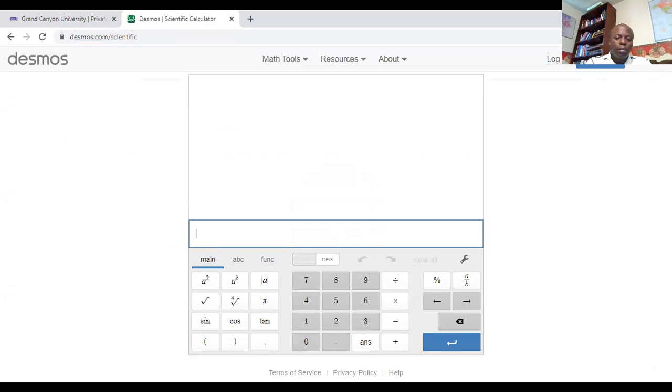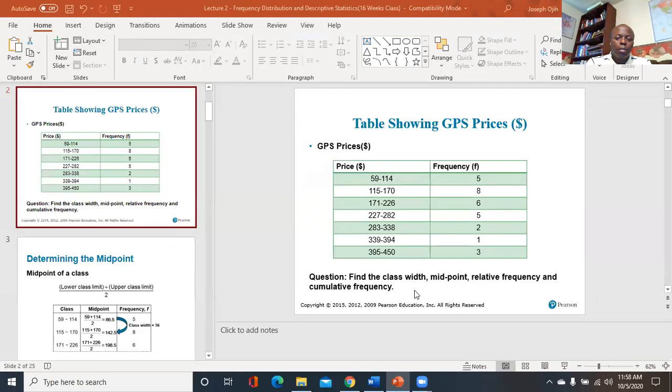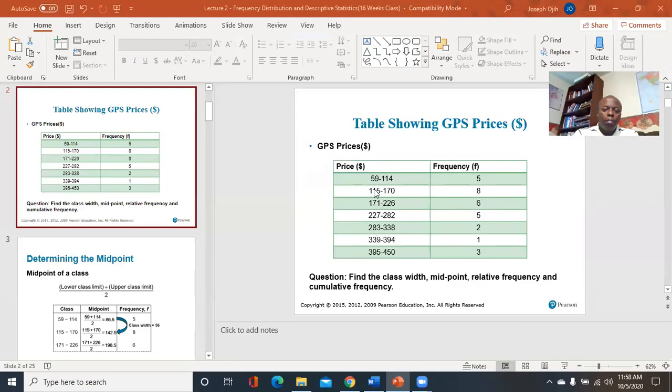The class width is going to be 115 minus 59.